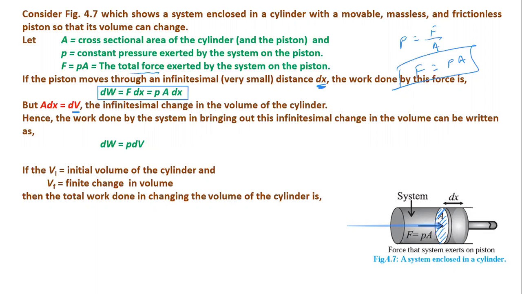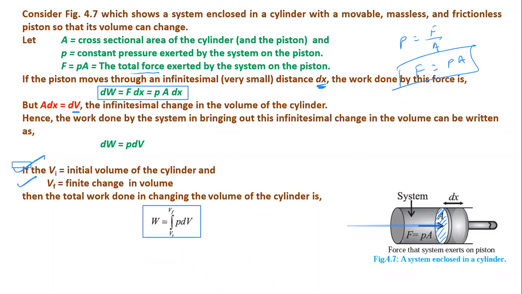If Vi is the initial volume and Vf is the final volume, the total work done in changing the volume of the cylinder is work done equal to the integration of PdV. This is the total work done because we have to displace the piston from the initial position to the final position.